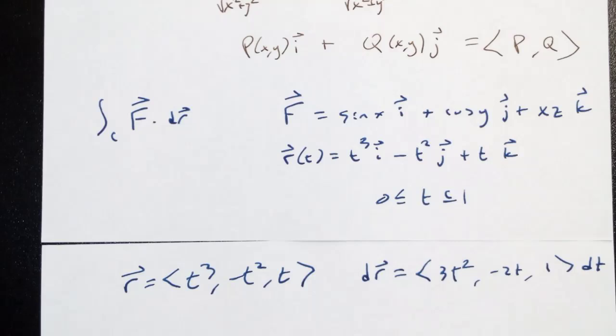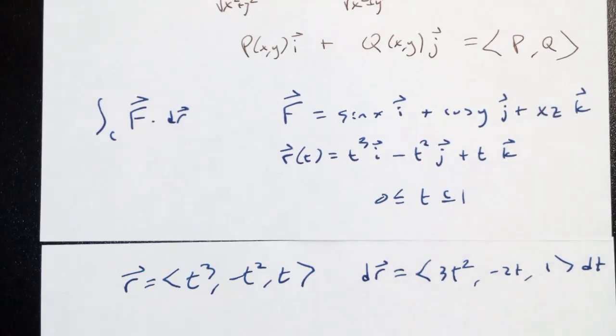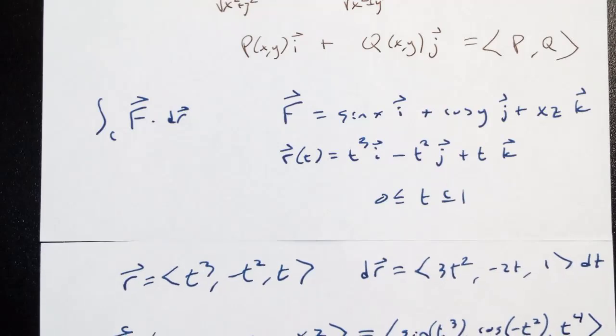Not anymore. I'm going to take the x and y and z that are here and put them into F. So F, sine x, cosine y, xz becomes sine of x, sine t cubed, cosine of y, cosine minus t squared, and then x times z, t to the fourth.